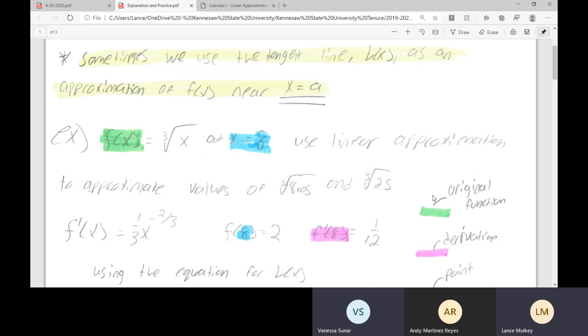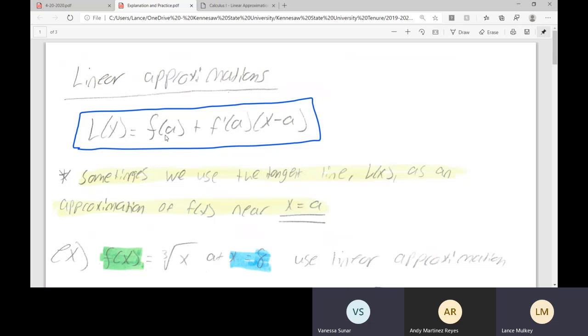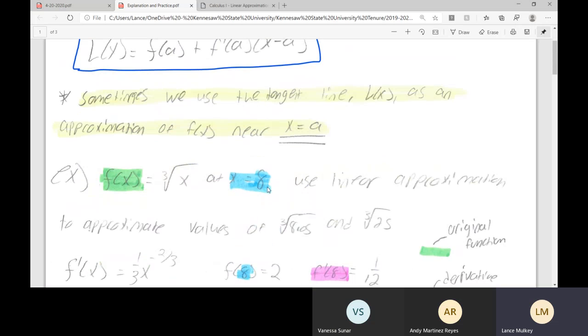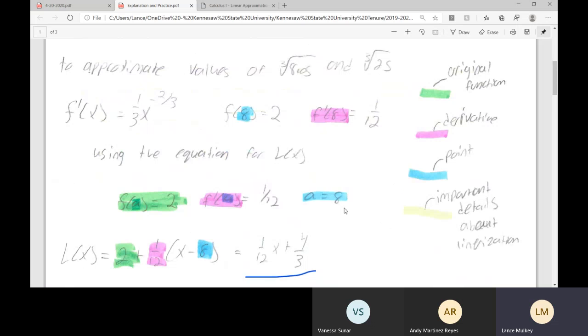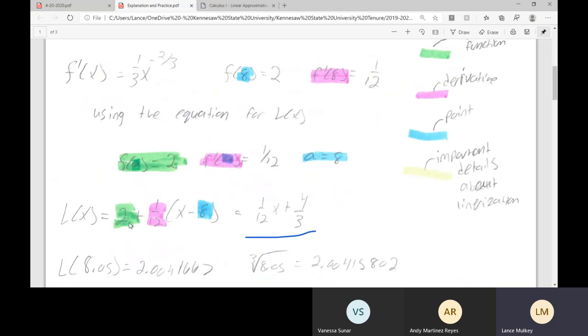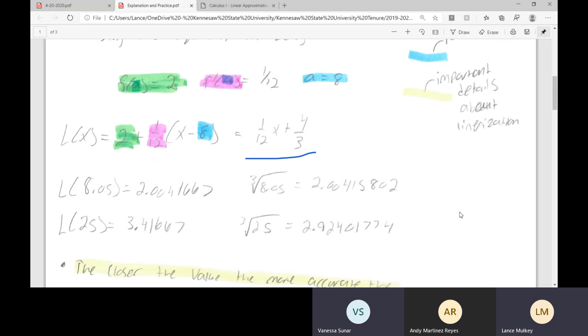You following me so far? Because you need f of a and f prime of a, and a is 8, the point you're close to. So you come to the formula, f of a plus f prime of a times x minus a. Solving and simplifying, you get 1/12 x plus 4 over 3. Nice linear equation like a tangent line.